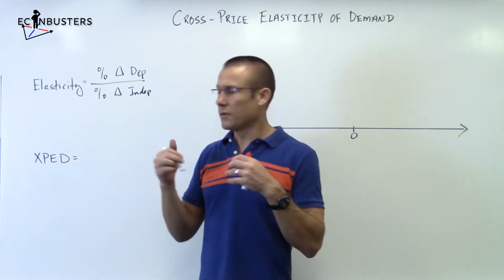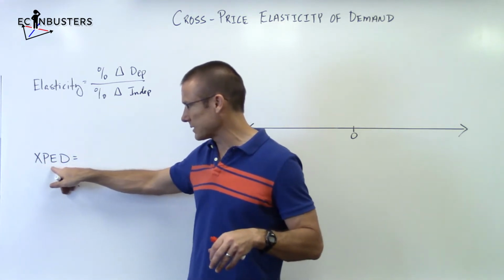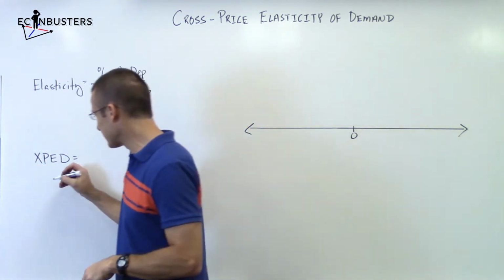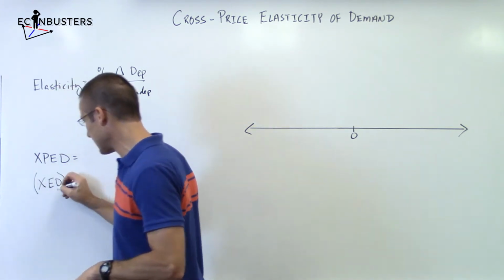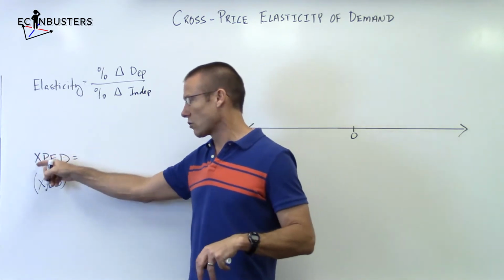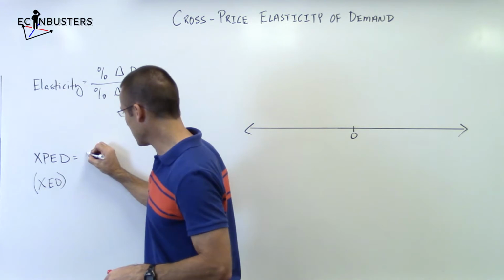I just want you to know, this is what I use, XPED, the cross-price elasticity of demand. I have noticed a lot of textbooks, though, drop the P, they just put XED. So if you see XED, that's the same as cross-price elasticity of demand. Here we go, formula. We know the general formula. What are we doing here?